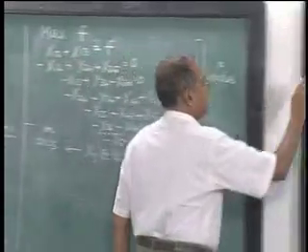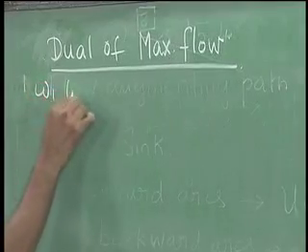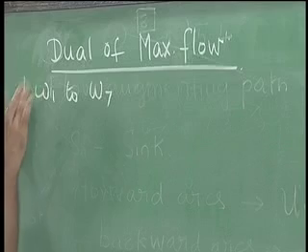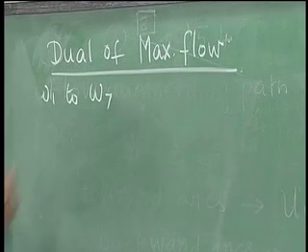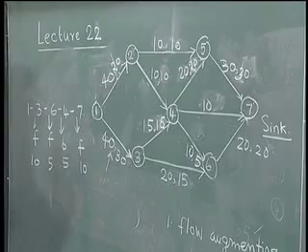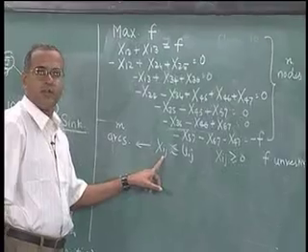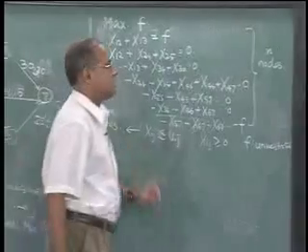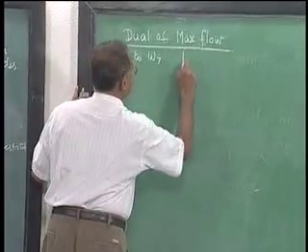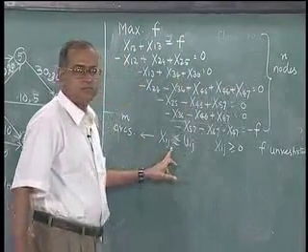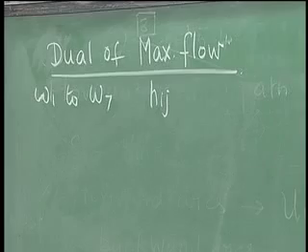So we can start defining dual variables w1 to w7 for these 7 nodes, and here we have as many dual variables as the number of arcs. So we are going to define hij as the dual variables associated with this. Now with that in mind, let us write the dual.